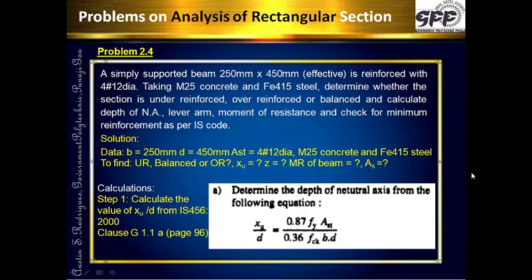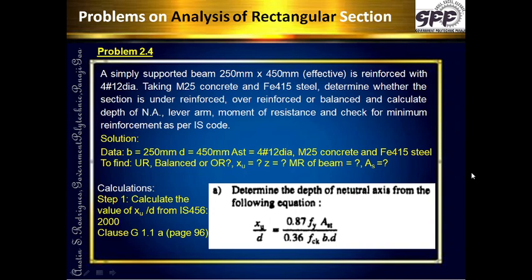Now the solution. In the solution, first we compile all the data, what data has been given. The width 250 mm, depth 450 mm, area of steel has been given as 4 bars of 12, grade of concrete M25, grade of steel Fe415. We have been asked to find out which type: under reinforced, balanced or over reinforced.